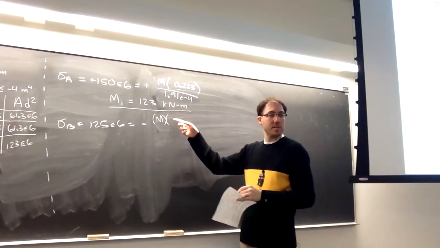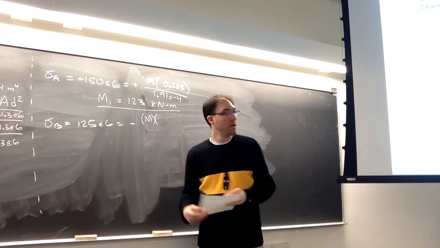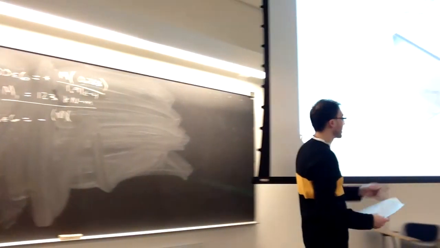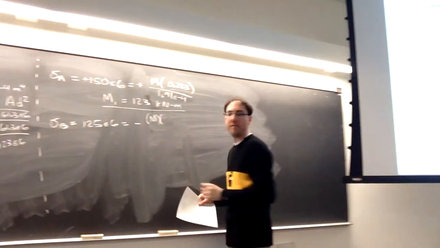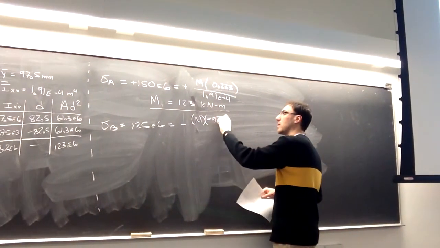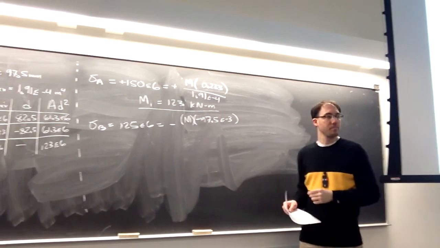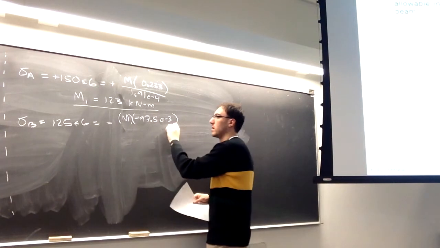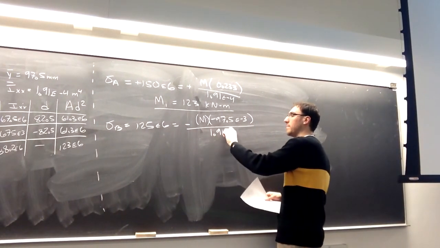And now we have to use the distance between point B and the neutral axis. Point B is below the neutral axis with a distance of negative 97.5 millimeters. And then the I value is the same.